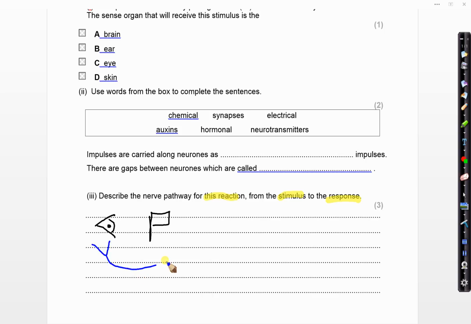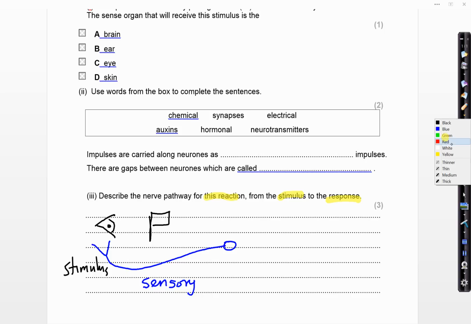We have an electrical message sent to the central nervous system. So this nerve here is the sensory nerve. So that's important. We get that down for 1 mark. So what we have happening here is we're having the stimulus, which is the flag being dropped, being sensed by the eye, and that electrical message being sent to where?